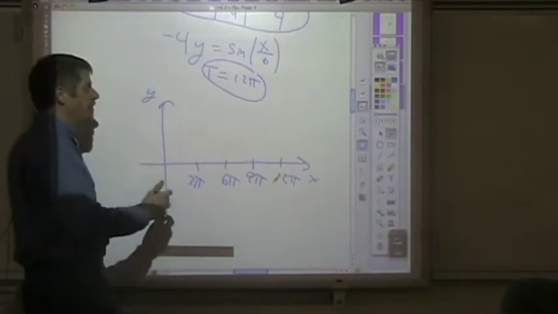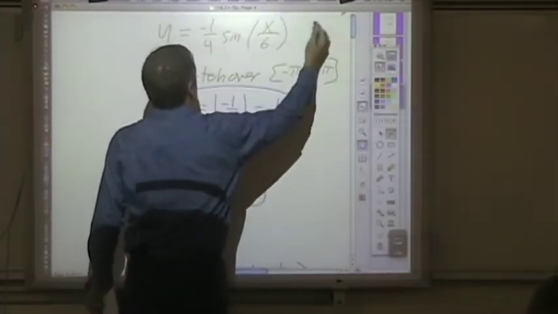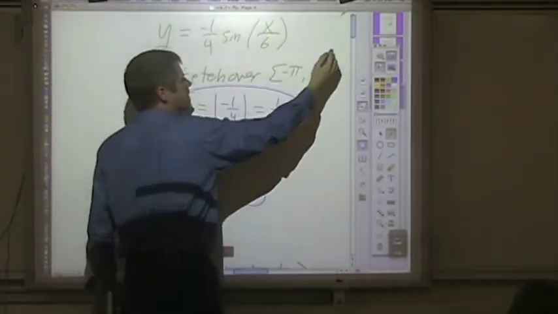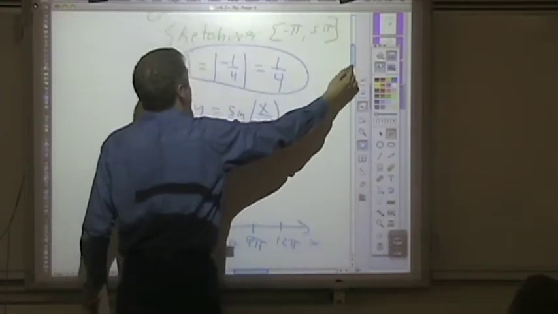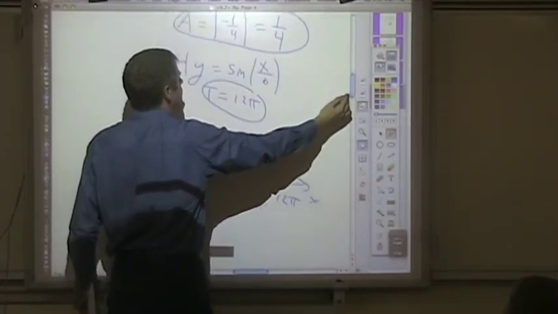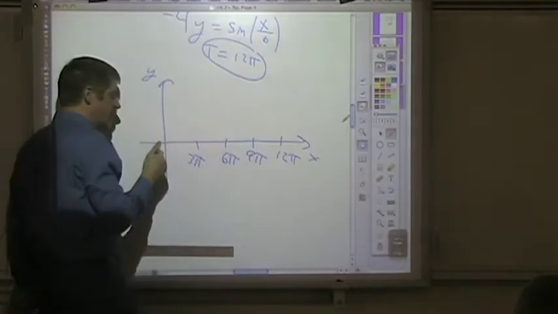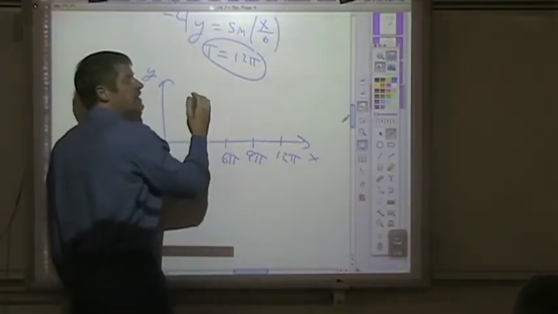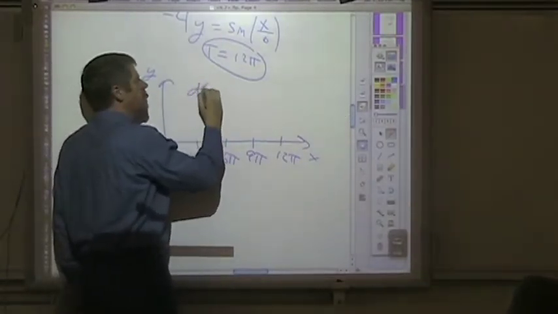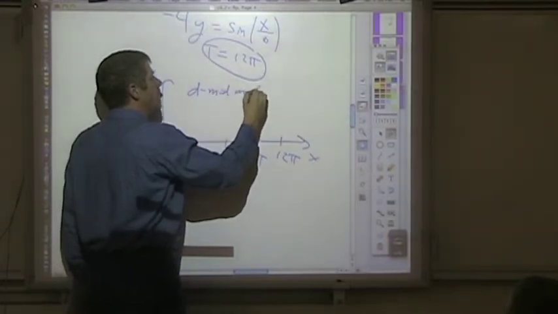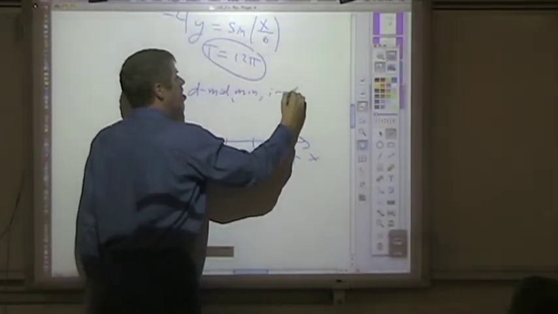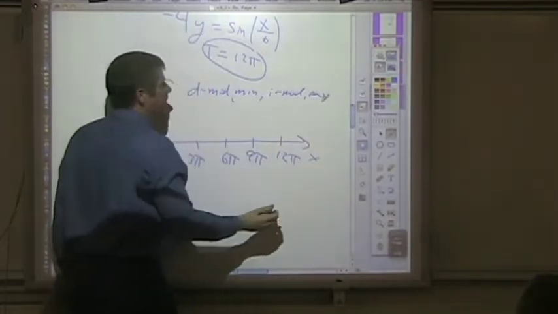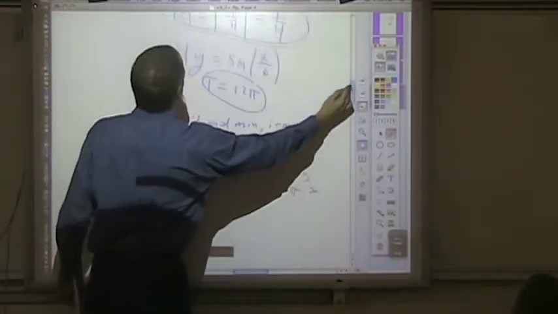Okay, so now we've got to remember we're a child of sine, so sine starts at an I mid, but because it's a negative 1/4 in front, it's going to really start out with a D mid. So the chant that's going to guide us through this is D mid, min, I mid, max, and it's tiny.